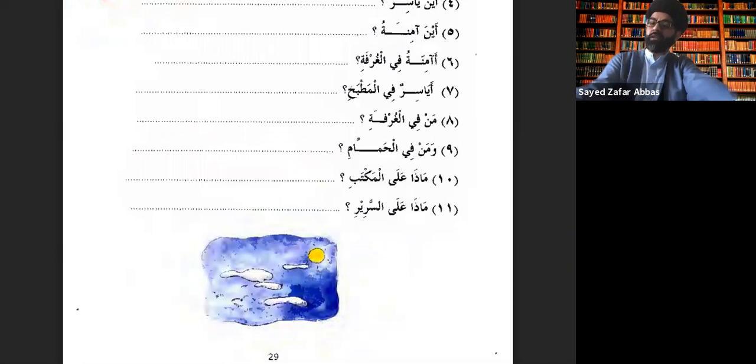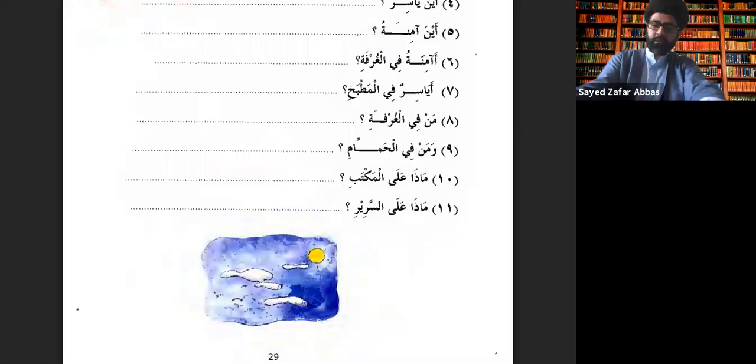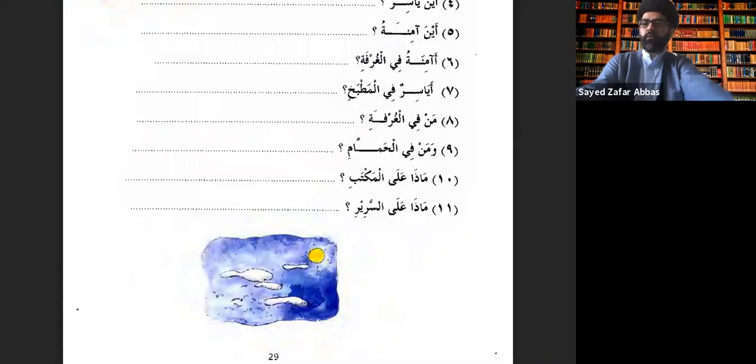What is on the table? The الكتاب على المكتب. The book is on the table. وماذا على السرير? And what is on the bed? الساعة على السرير. The watch is on the bed.